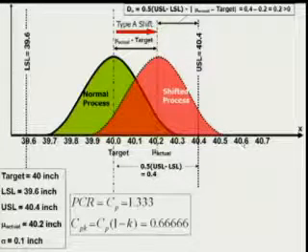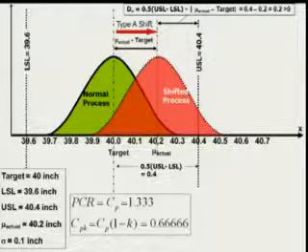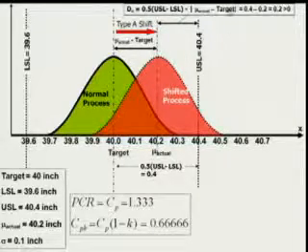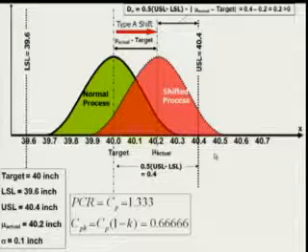So as a result, we have a shift from the target, okay, which we calculate by 1/2 times upper spec minus lower spec minus the actual mean minus the target. So all of this is 0.4. The shift in the target value from 40 to 40.2 is 0.2, and that gives us a D0 of 0.2.